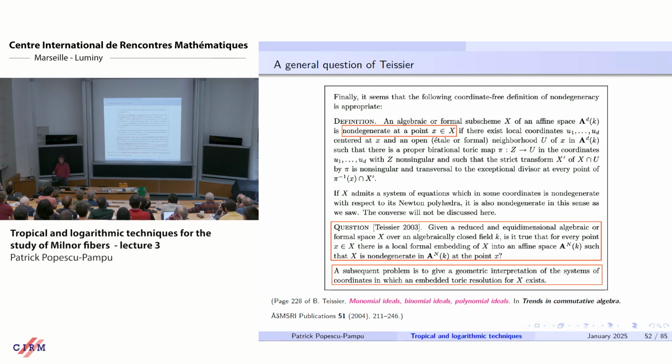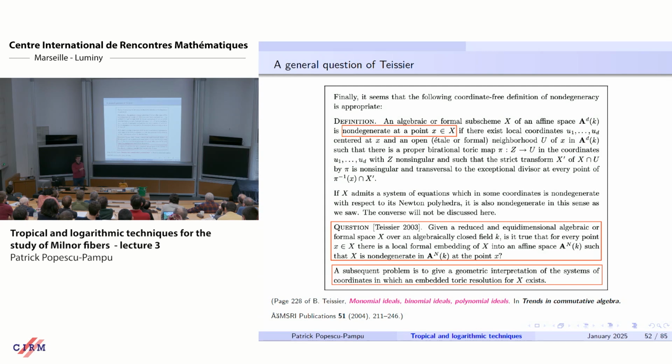And what he asked is this question: given a reduced and equidimensional algebraic or formal space on an algebraically closed field K, and for him it's very important to include positive characteristics, is it true that for every point of X, there is a local formal embedding into an affine space such that X is non-degenerate?